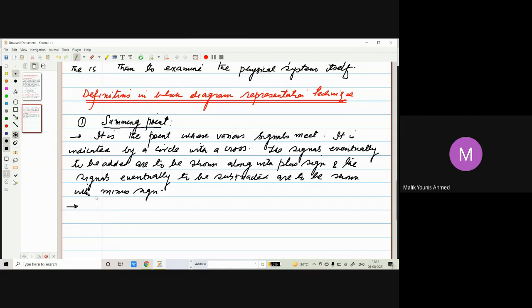Next, the various signals meeting at the summing point must have the same dimensions and same unit.